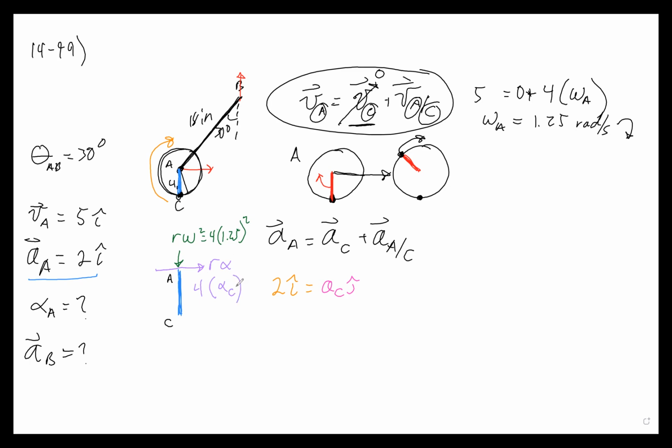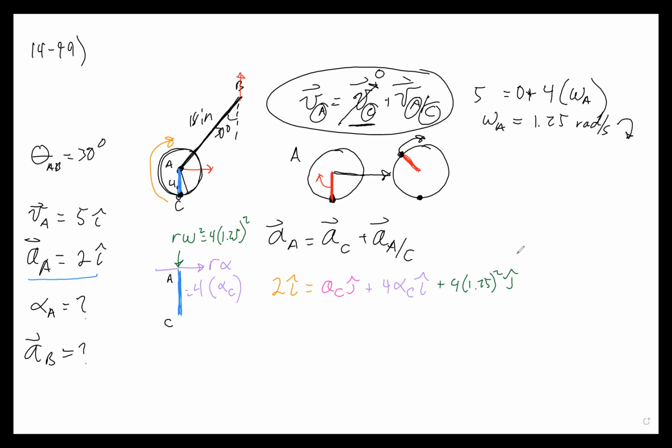Those are the two terms that we are going to be using in the equation. So the tangential acceleration is going to be 4 alpha c i hat, and the normal acceleration is going to be plus 4 times 1.25 squared j hat.